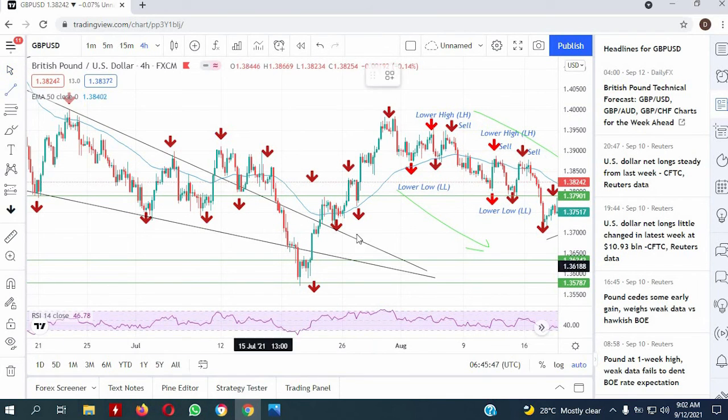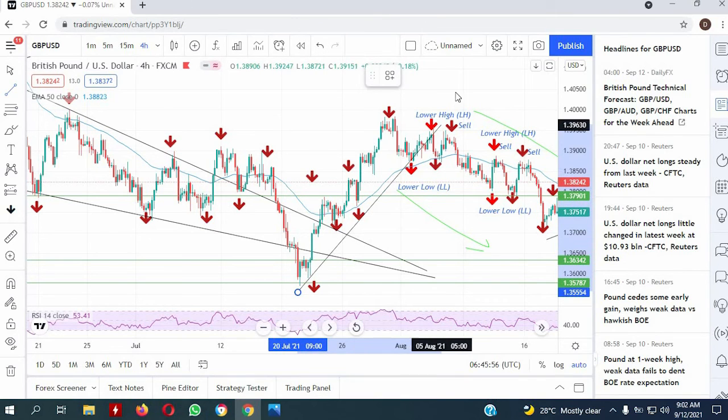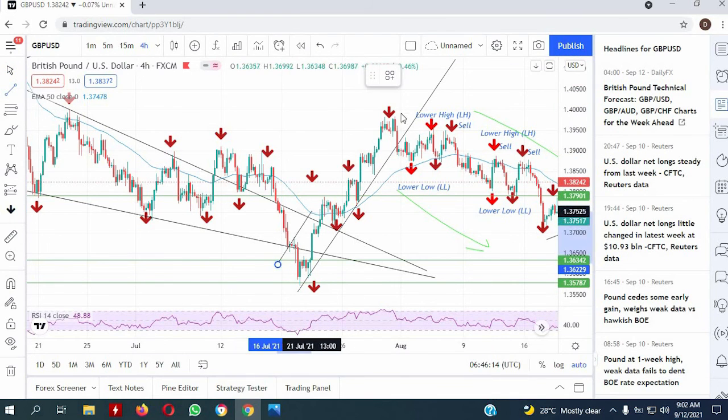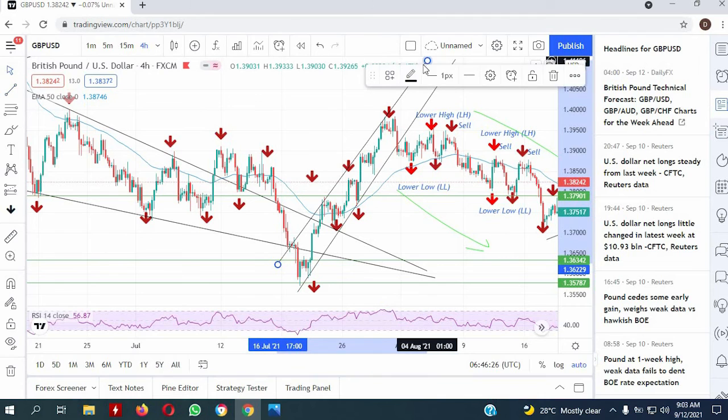Draw a line again, our trend line. This is showing us a small trend.